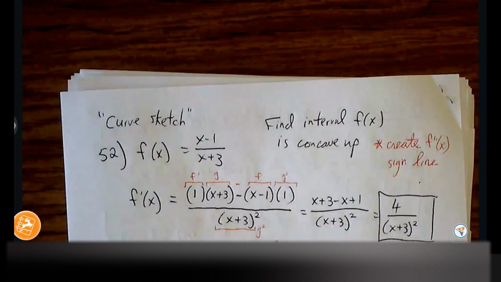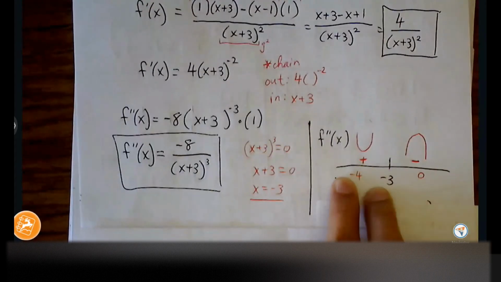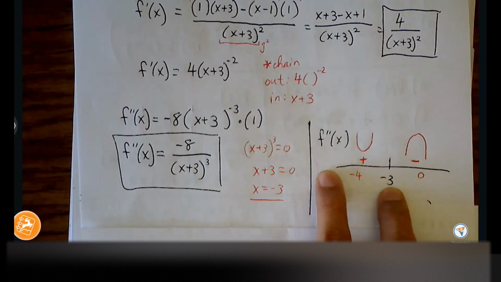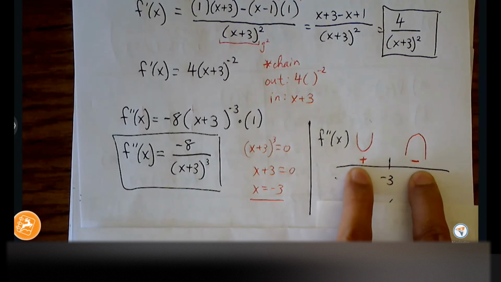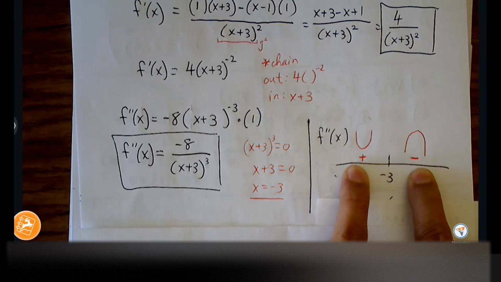So the problem is asking for intervals of concave up. So I'm just going to look at this first interval here, right? From negative infinity to negative 3. When you write your intervals, you don't include those test points. Those test points are just to get that sign to show up, but after that, we're just going to ignore it. It's not part of our interval statement.